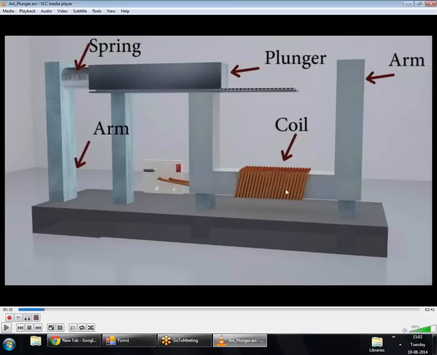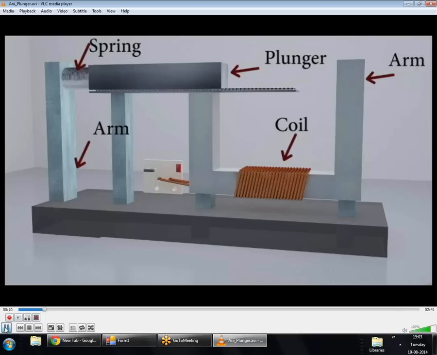As soon as the current flows through this coil, the magnetic field is created throughout, and then this arm becomes an electromagnet and pulls this ferromagnetic plunger towards itself. And this moving plunger rests on a bearing, and these bearings are made of non-ferromagnetic materials such as aluminium, and there is this spring to balance the force exerted by this arm. In this fashion we have a linear motion.